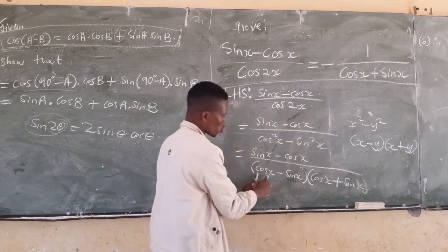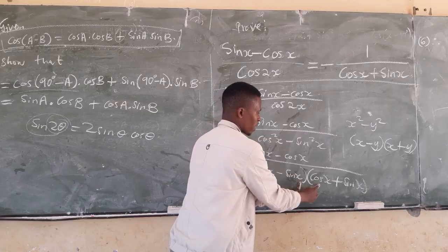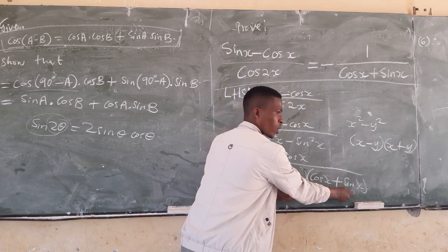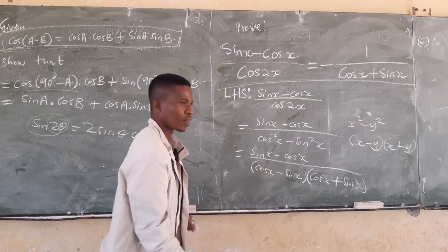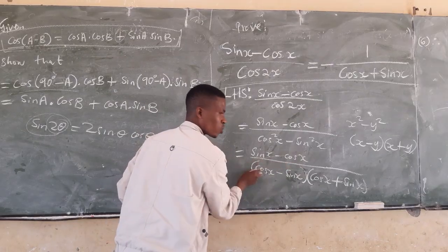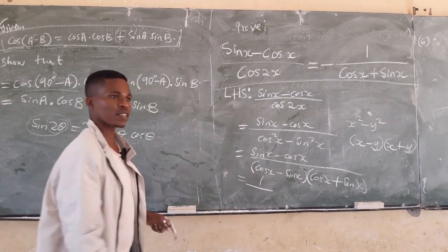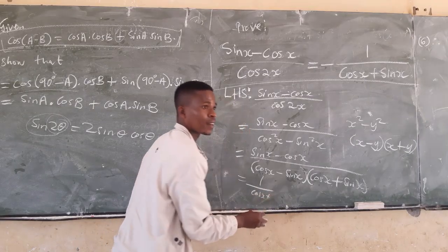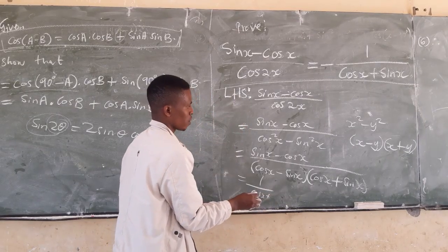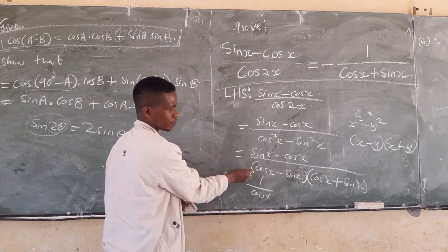Because if I multiply these two, this is cos squared, and this is sine squared, with the negative signs. Then the addition logic, you are going to cancel. We should take out minus 1.